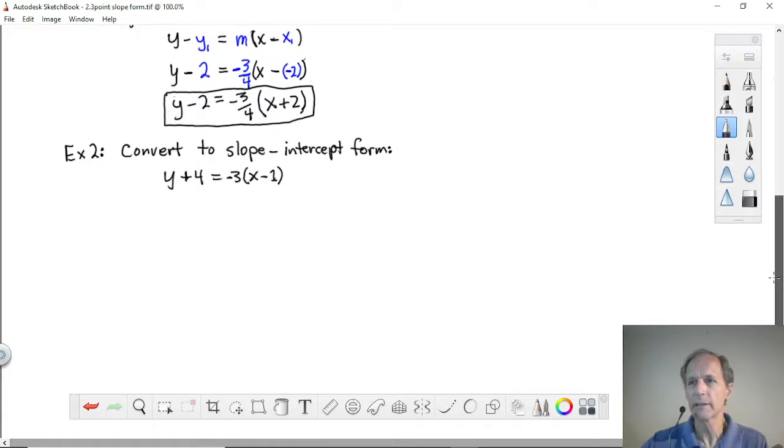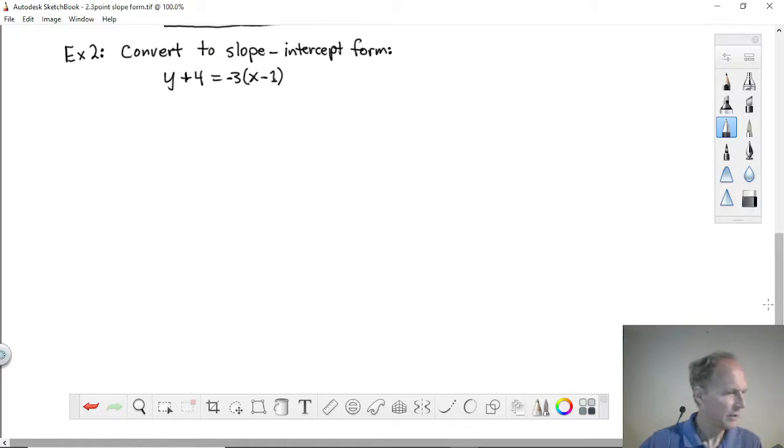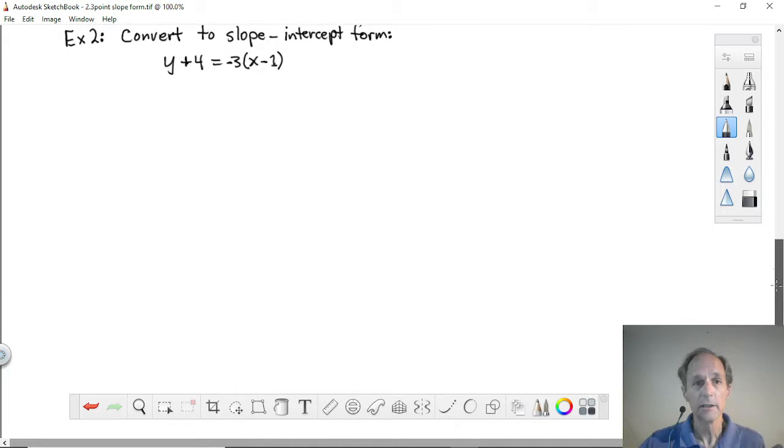Alright, so next example, we want to convert to slope-intercept form. This is a common type of problem because the point-slope form is extremely convenient to get the equation of a line if you have a point and the slope.